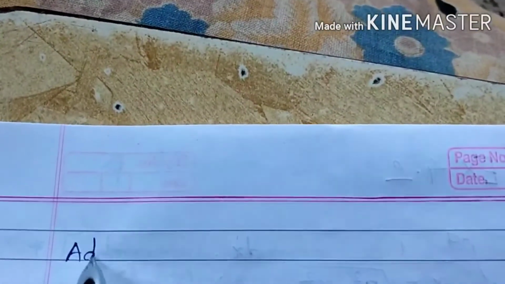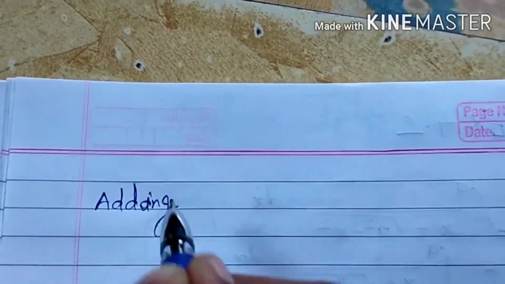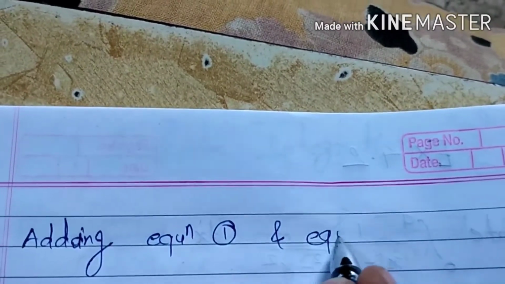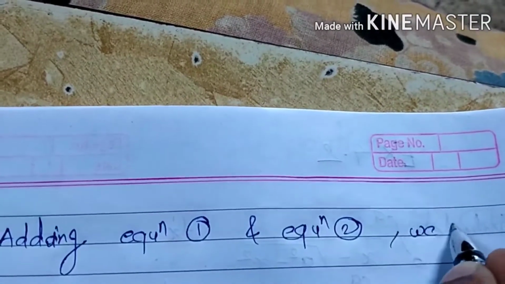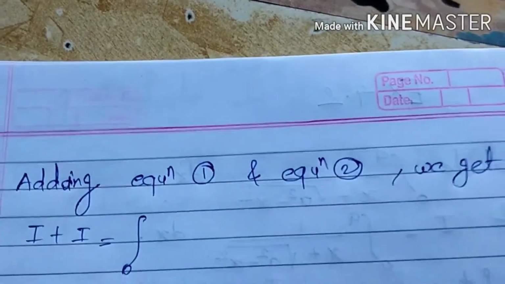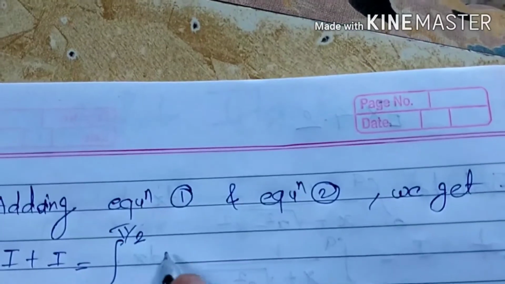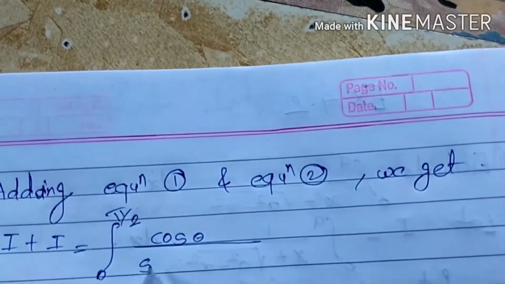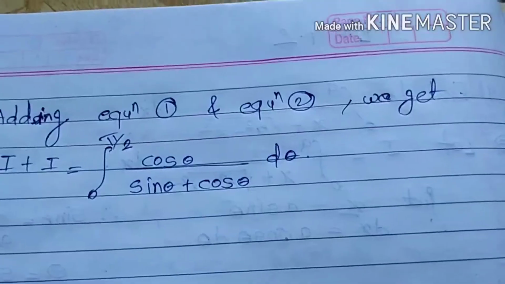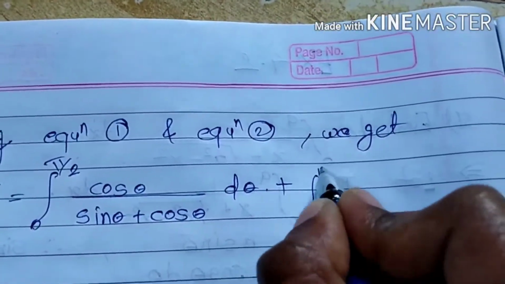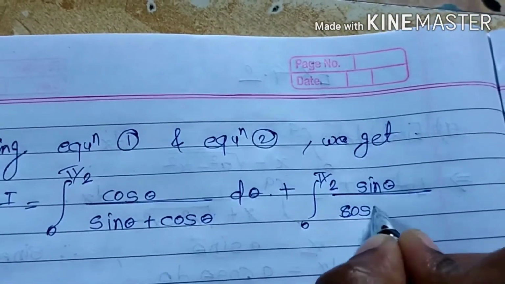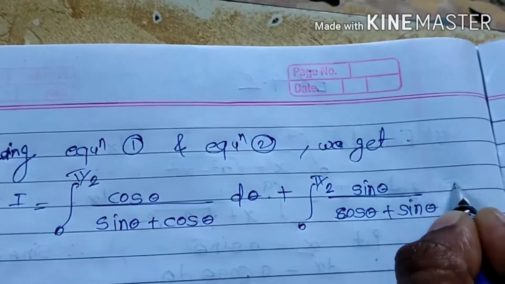So adding equation first and equation second, we get I plus I, which is equal to the integral from 0 to pi by 2 of cos theta upon sin theta plus cos theta d theta, plus the integral from 0 to pi by 2 of sin theta upon cos theta plus sin theta d theta.